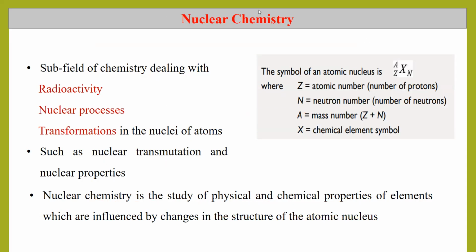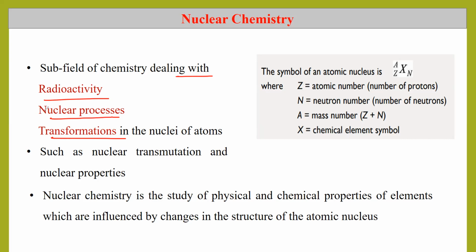Okay. So what is nuclear chemistry? It is a subfield of chemistry dealing with radioactivity, nuclear processes, and transformation. So basically, nuclear chemistry deals with radioactivity. Radioactivity means an element emits radiation continuously until it reaches stability.